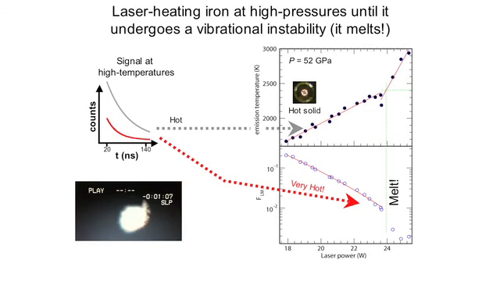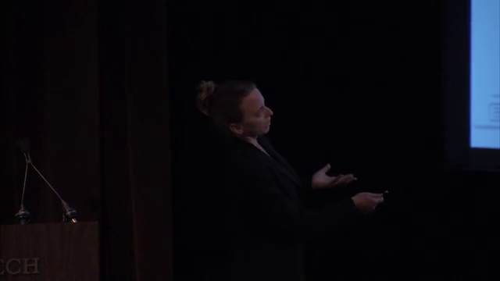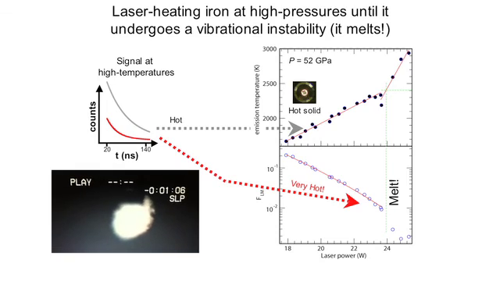And what we do is we heat this sample, and each time that we heat it, we measure a temperature, an emission temperature, and we also measure the vibrational properties. So this quantity here is the total averaged vibrational properties of the iron metal. And we do that with increasing the laser power.